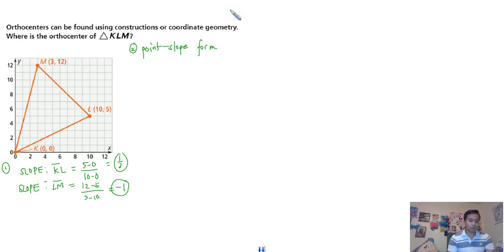Okay, so point slope form will be y minus y1 is equal to m times (x minus x1), to write an equation of the altitude perpendicular to KL and LM. So we are going to connect M that is perpendicular here, and L that is perpendicular also.